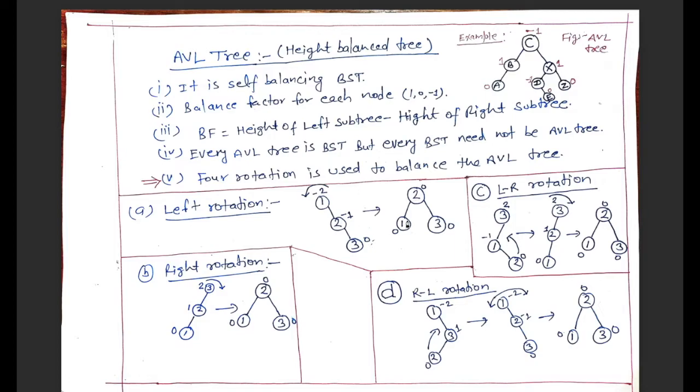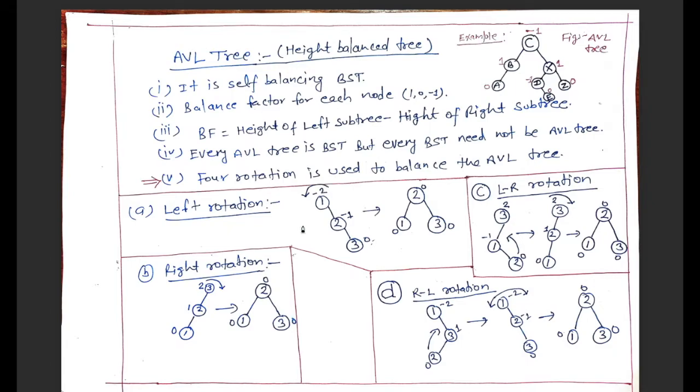Now 1 has come here and 3 is here. Now find the balance factor again: for 1 it is 0, for 3 it is 0 by using this formula, and for 2 also 1 minus 1 is 0, so now it is balanced. You have to remember this condition. This is the first case. If this case occurs, then you have to apply the left rotation.